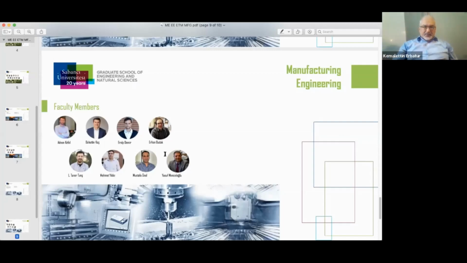You can be working and studying towards a graduate degree. This is per an agreement between the organization you are working at and the university.